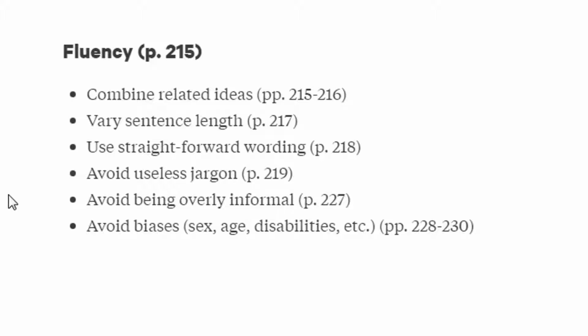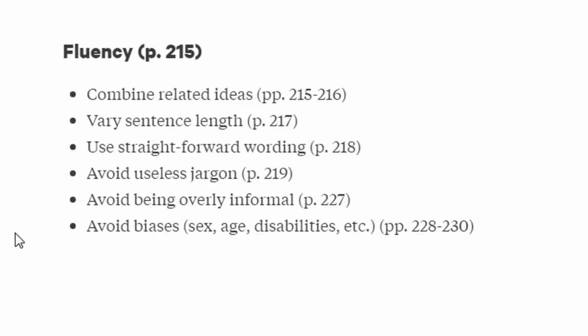Avoid being overly informal. In workplace writing, we do need some level of formality, so you don't want to be so formal that it makes the document difficult to read, but you want to avoid being overly informal. And the last one can be a little tricky. You do want to avoid biases in your document.